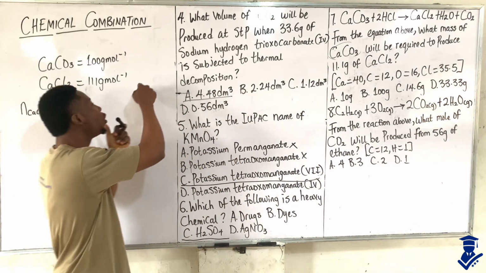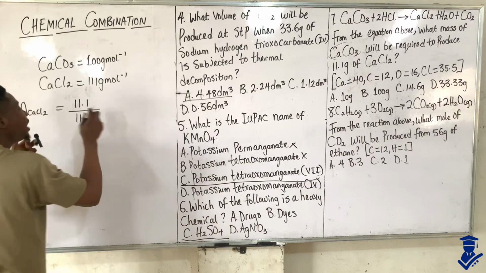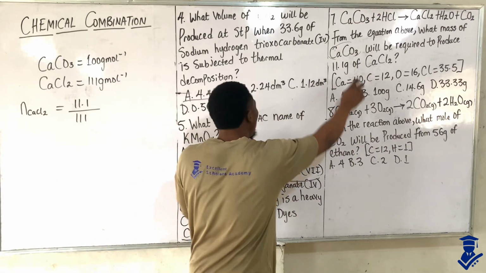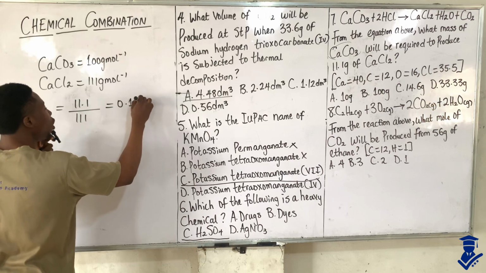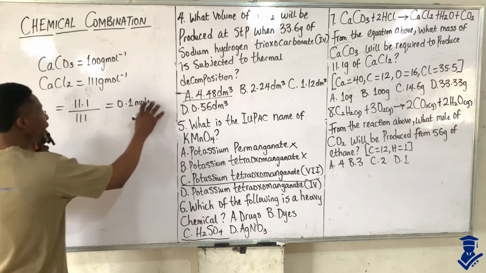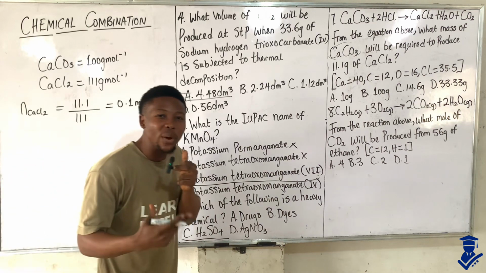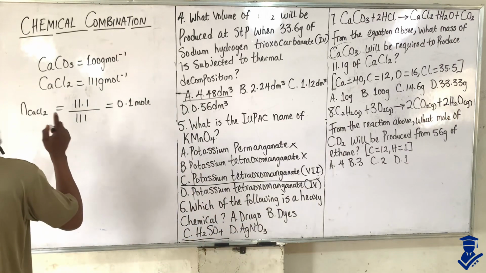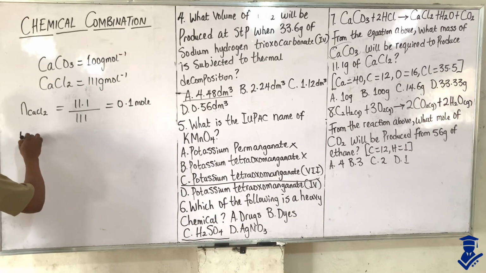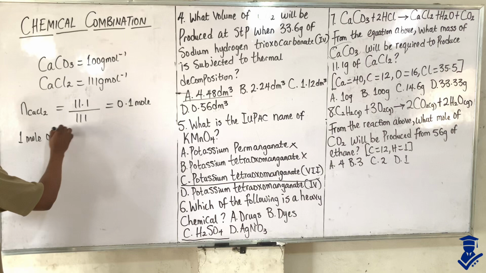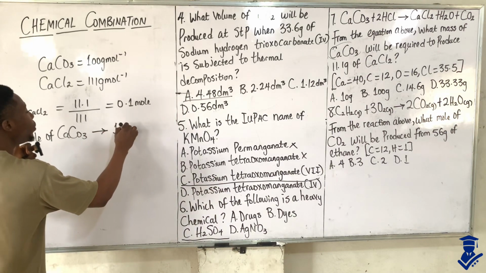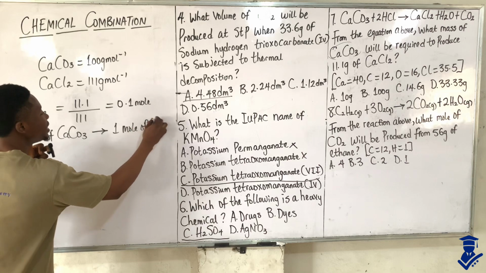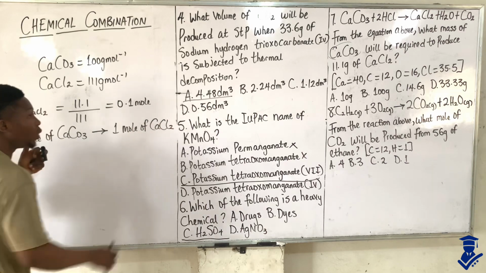So we have to get the mole of this here. Giving this mass 11.1 gram, this is going to be equal to 0.1 moles. So we can see clearly that 1 mole of CaCO3 will produce 1 mole of CaCl2.